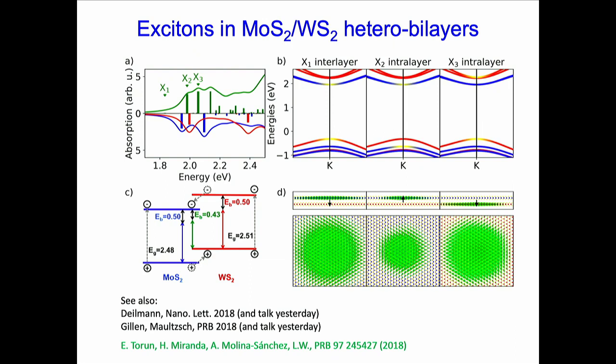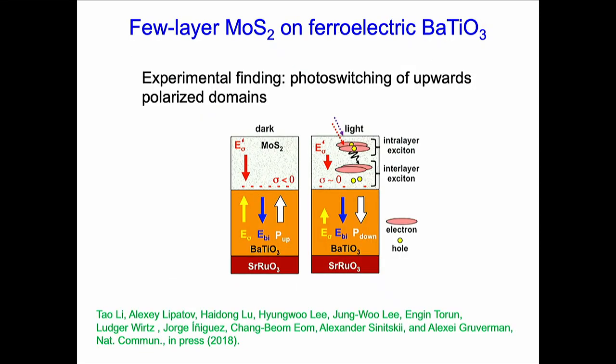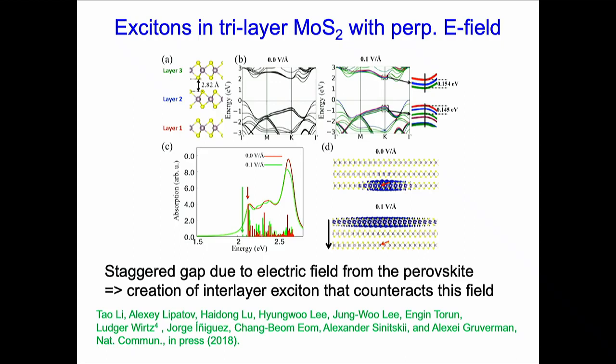You see you have a staggered gap, which means in principle, in semiconductor physics, that holes will go to the higher valence band, and electrons will go to the lower conduction band on the left, so you get an electron-hole separation, and that is great for photovoltaics, etc. The problem is you also get an excitonic binding of electrons and holes between the different layers, and that really changes the picture and needs to be understood in order to use hetero-bilayers as a solar cell.